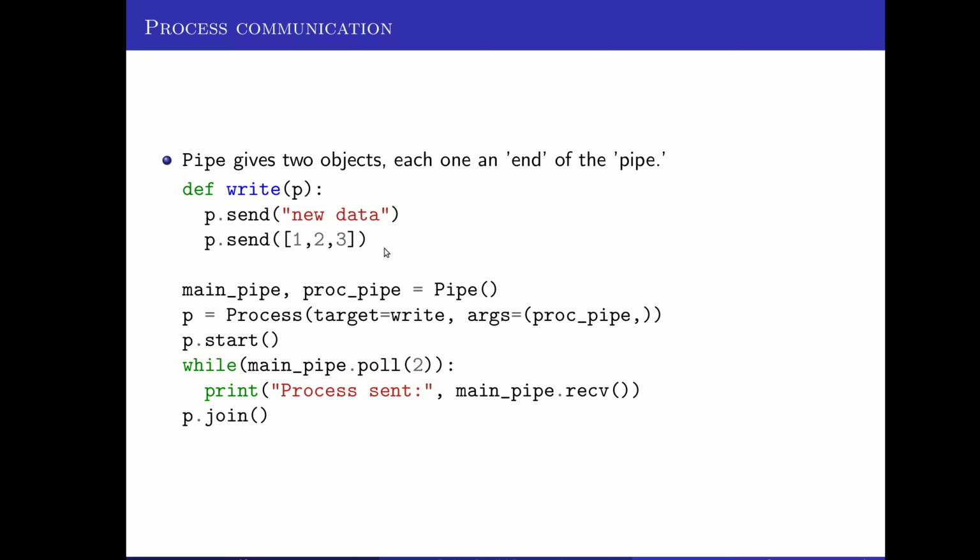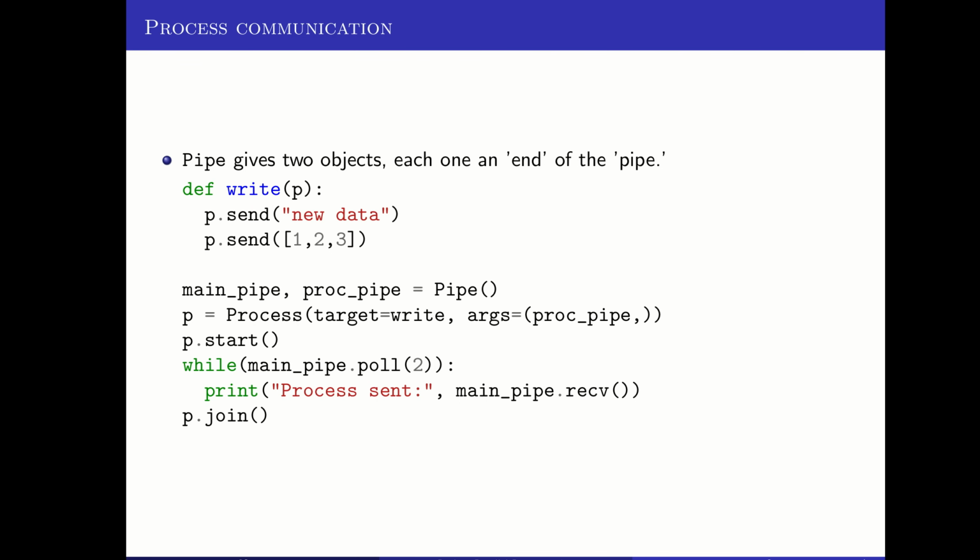So this string would come across as a string, and this list would come across as a list. And so because it's all being done natively within Python, it's able to send and receive that data as the type that it originally was.